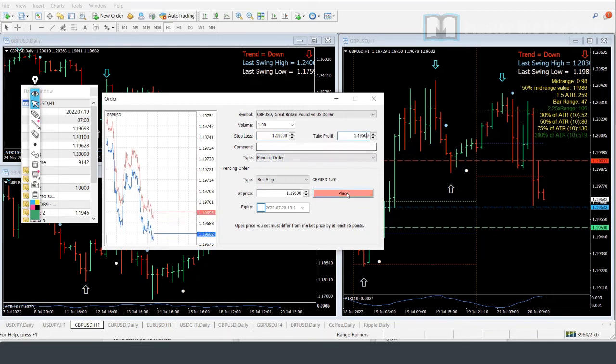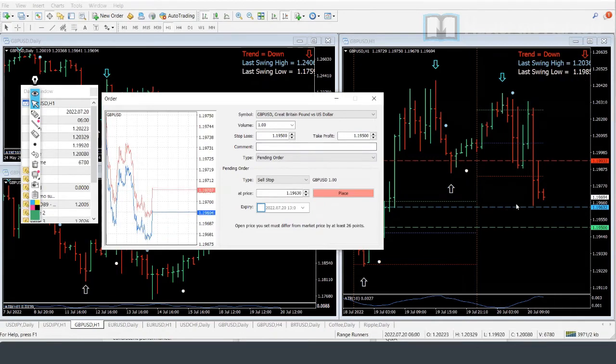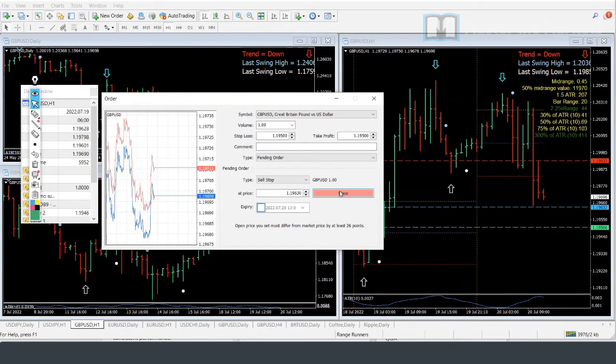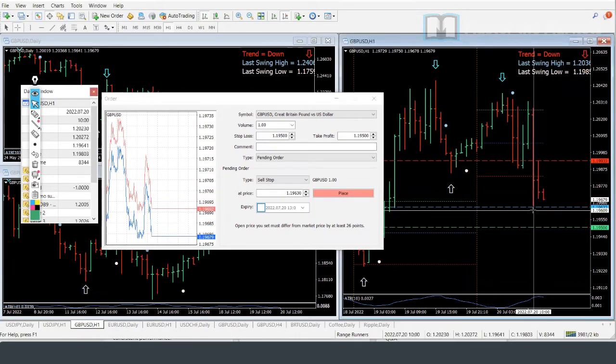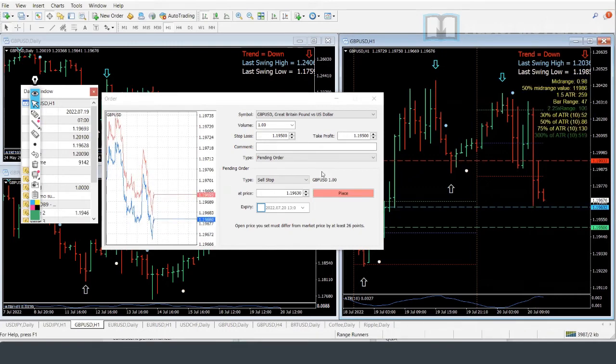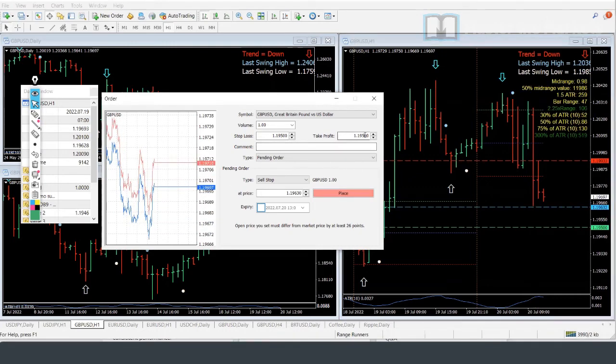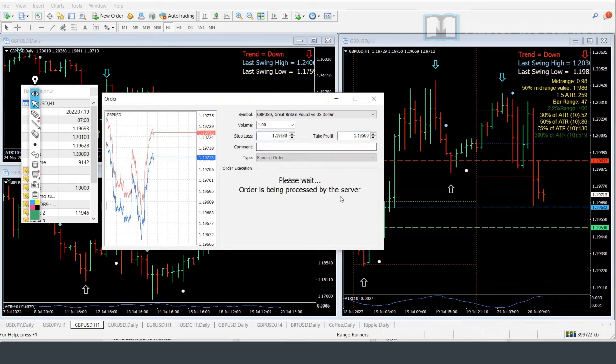So there you go. Whoops. Let me just check why it's saying that. 119.63 is what we need. Yeah, 119.50. Of course. Stop loss is at 119.3. I think that's where I made a mistake here. Let me just place that.